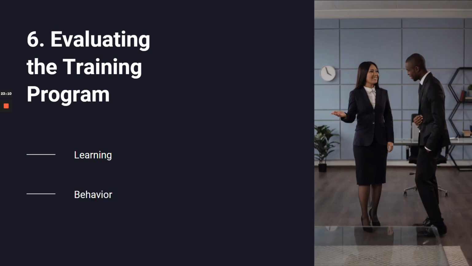There must be a change in the work attitude and behavior of the trainee after the training. So to evaluate, you have to check the behavior of the employees. Kanang mga observable behavior must be measured in terms of work improvement, increase sa ilang work output, and then very effective sila sa ilang work.